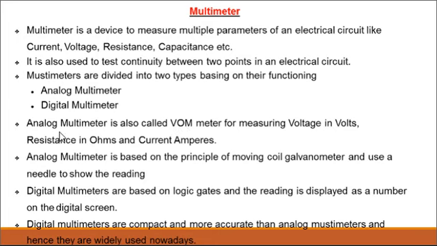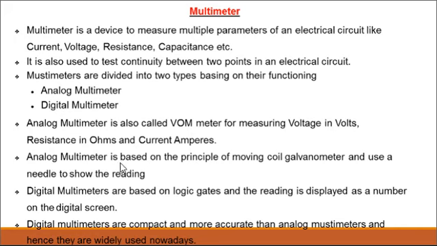Analog multimeter is used for measuring voltage in volts, resistance in ohms, and current in amperes.